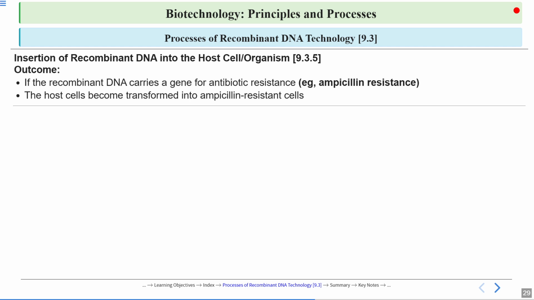The host cell into which this recombinant DNA has got in will become transformed into an ampicillin resistant cell. It will follow this phenotype, this trait, that it will become ampicillin resistant.